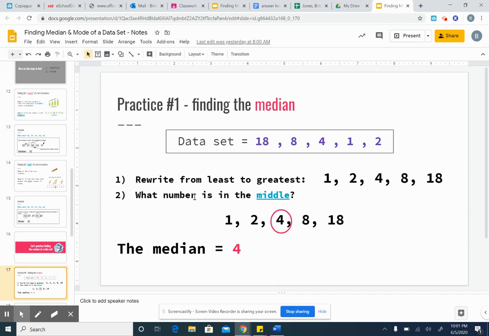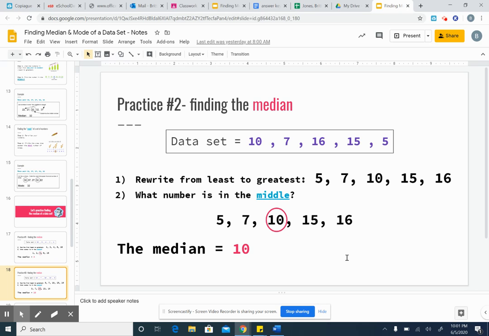Now, what number's in the middle? Well, we have the 1 and the 2 over here on the left. 4 looks like it's in the middle. If you're not sure, you can see that there's 2 numbers on the right of it as well. So 2 numbers on the left, 2 numbers on the right. 4 is smack in the middle. 4 is the median.